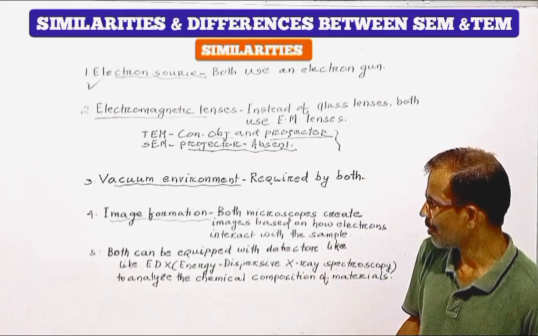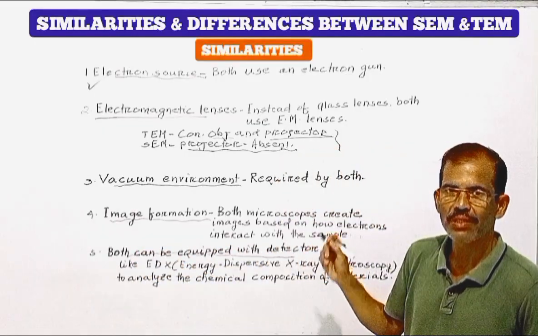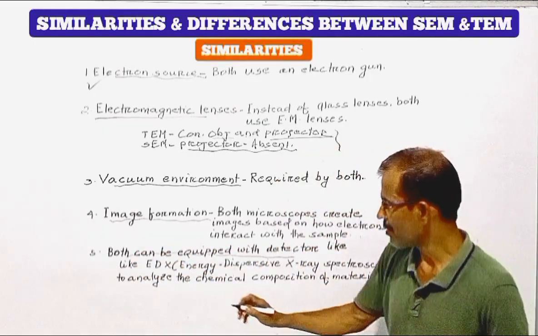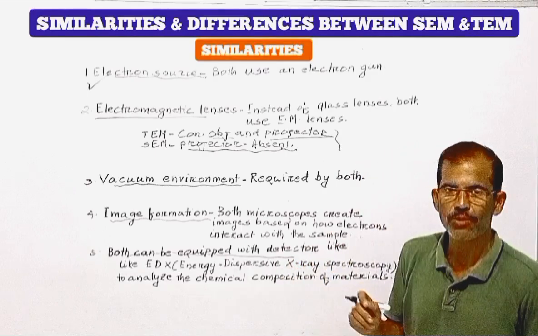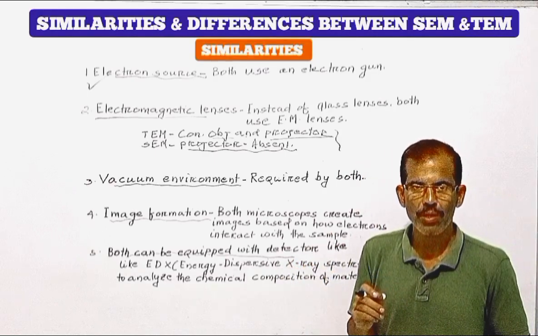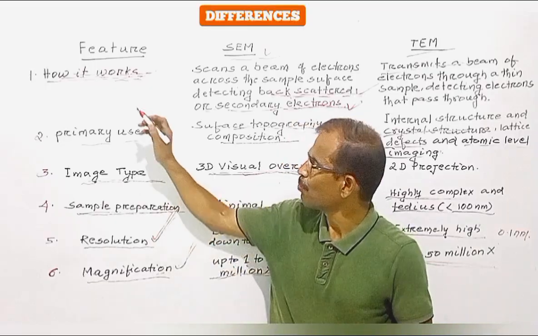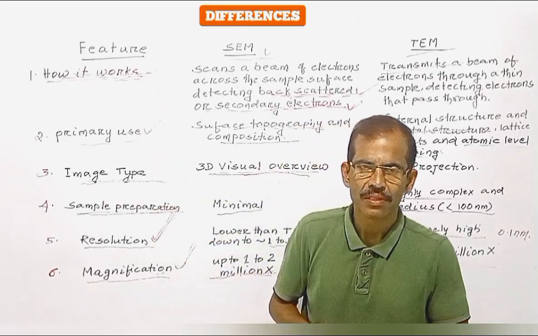In addition to this, both of them can be equipped with detectors such as energy dispersive X-ray spectroscopy to analyze the chemical composition of the sample. Now differences. Number one, how it works.